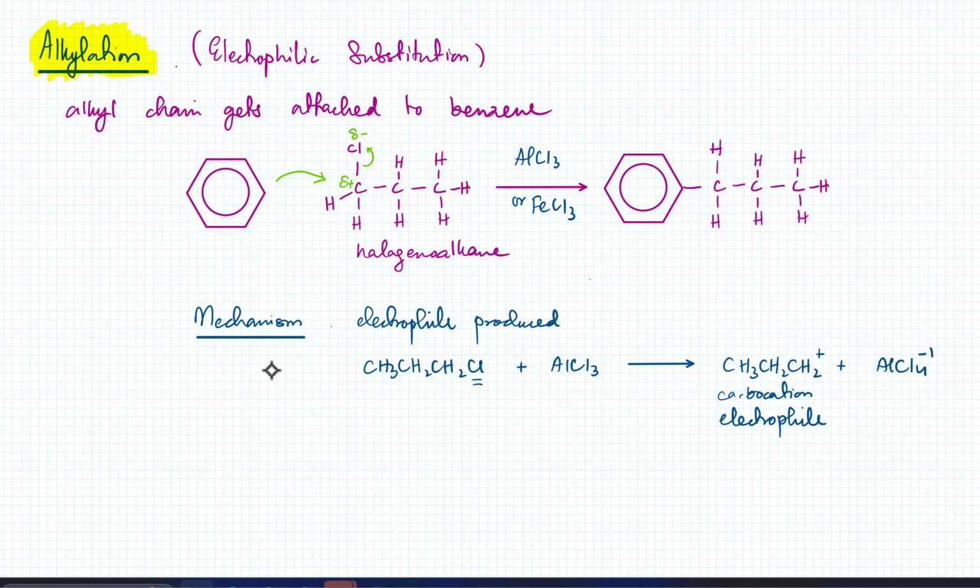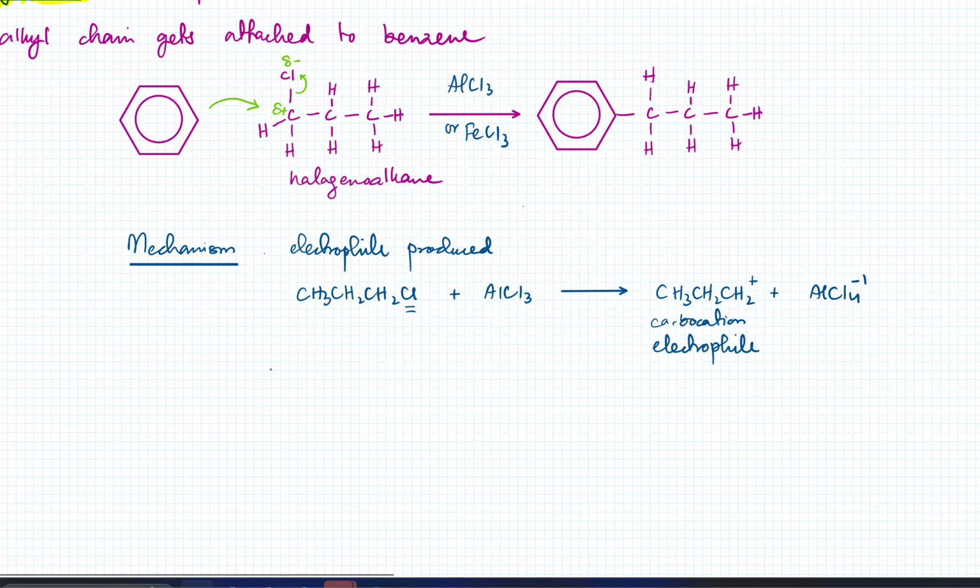Okay. And then in the next step, you have to draw the mechanism. The electrophile attacks. So I'm going to take this benzene and copy it. This benzene gets attacked by the carbocation. So the carbocation, CH2 and CH3, the positive carbocation is going to take away electrons from the benzene.